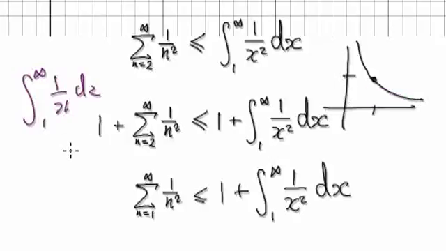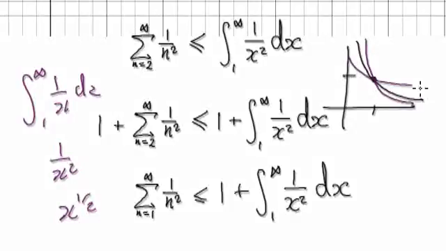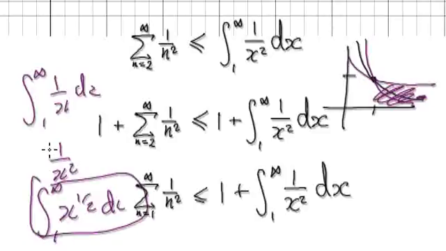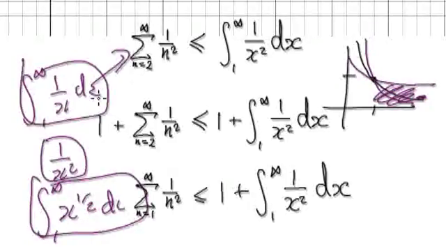But then 1 over x squared will look something like this, and this area here will converge. And then if you have the square root of x, which is x to the power of a half, it will look something like this, and the integral from 1 to infinity will diverge. So this one will diverge, this one will converge, and this one will diverge.